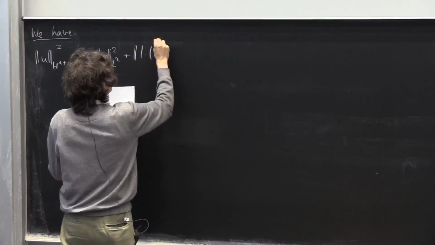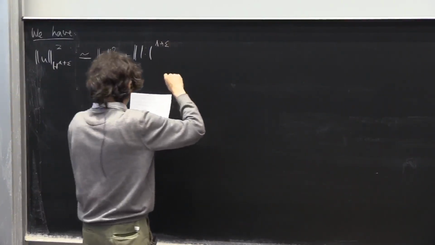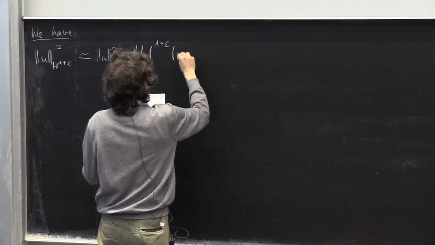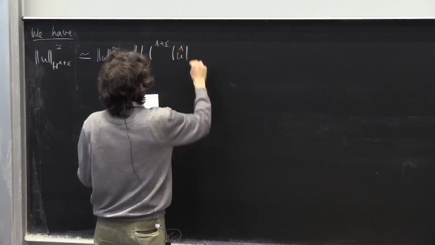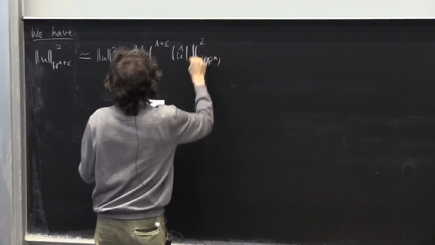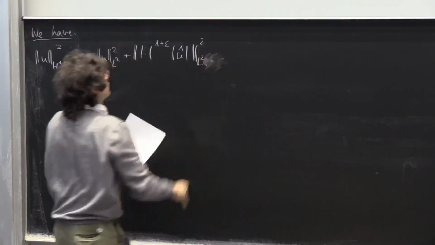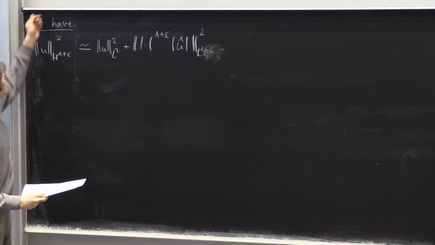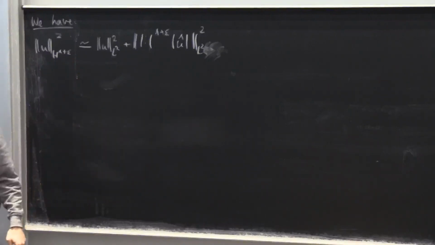So as written up there, modulus of psi to the 1 plus epsilon times U hat of psi. This function must be in L2. Okay. So this is the H1 plus epsilon norm. It's equivalent to the H1 plus epsilon norm of U.